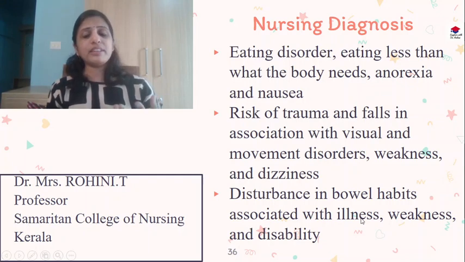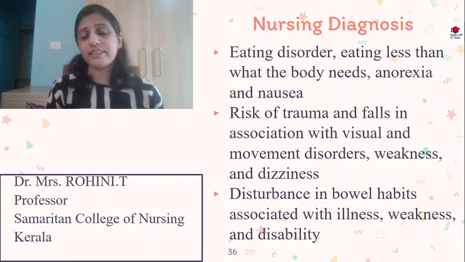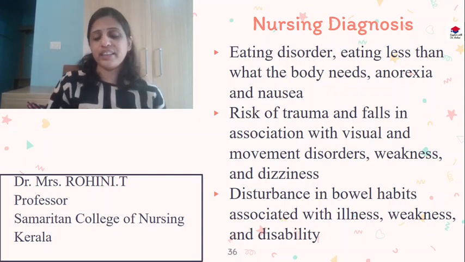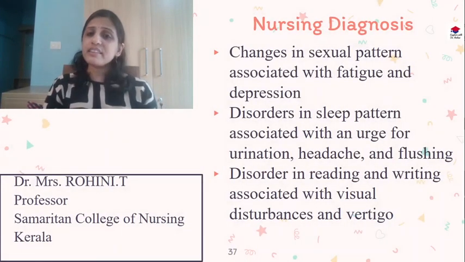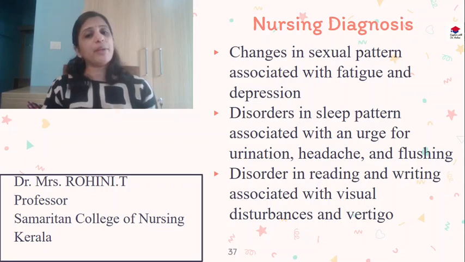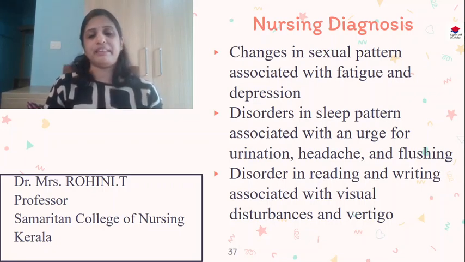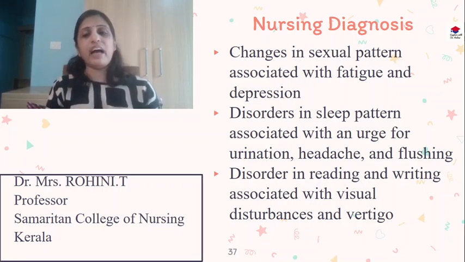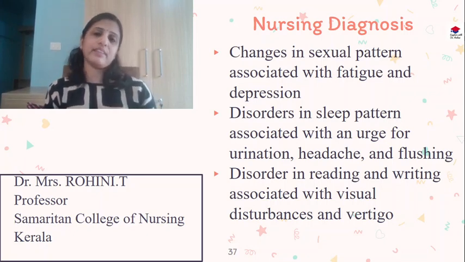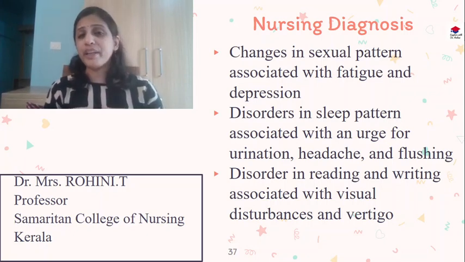Disturbance in bowel movements: we found in the assessment she is suffering from constipation associated with illness, weakness and disability. Changes in sexual pattern because of fatigue and depression. Disorders in sleep pattern associated with an urge for urination. We found that she is having dripping of urine, so she has a urinary problem.